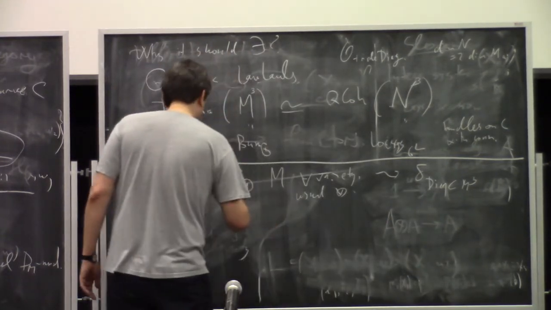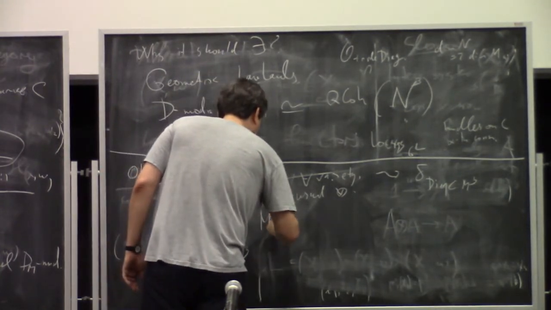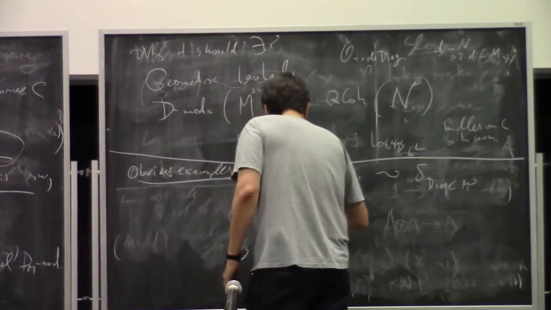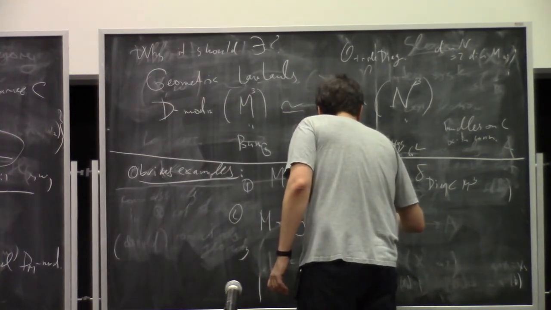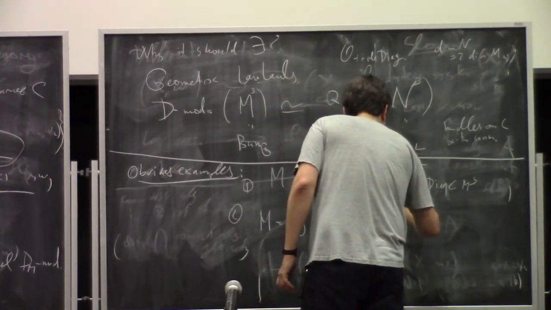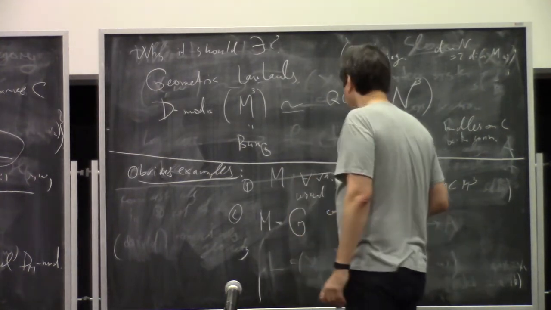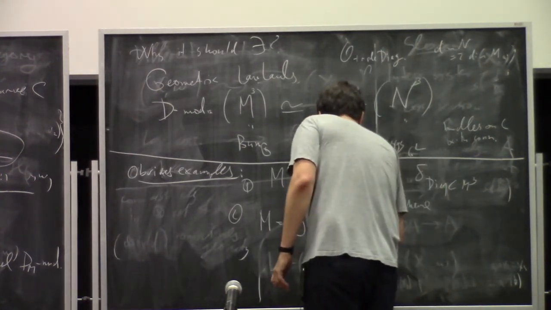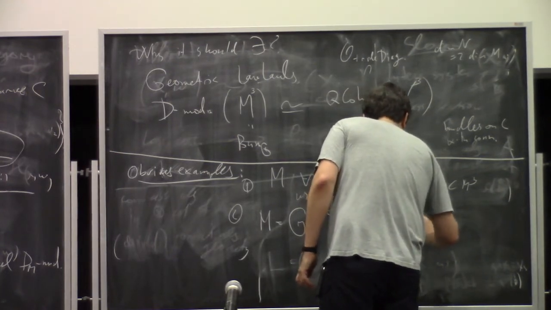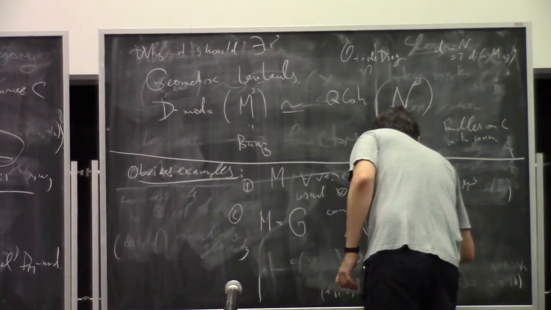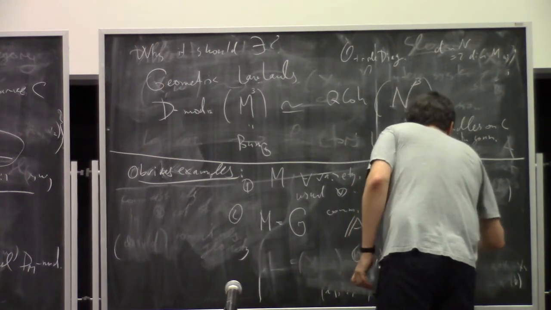So that's one example. Second example, when M is a group, a commutative group scheme, like the affine line G_a, or A^1 minus 0, G_m, or an elliptic curve, or an abelian variety.